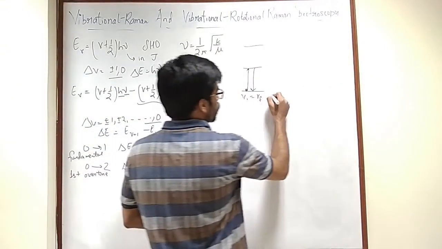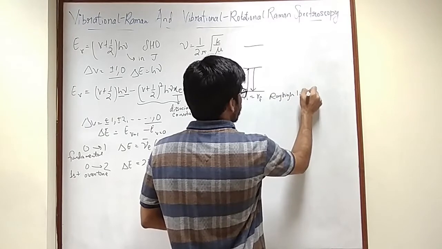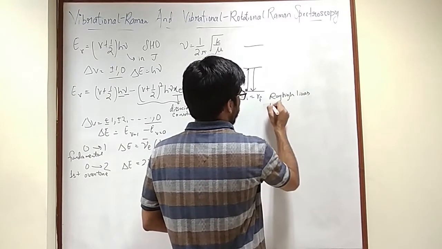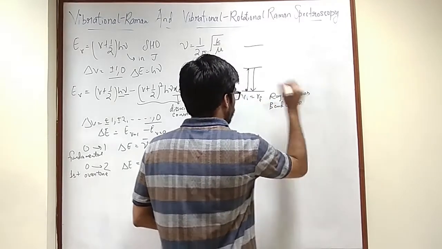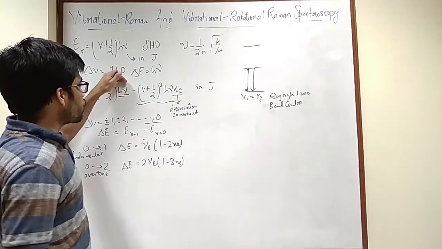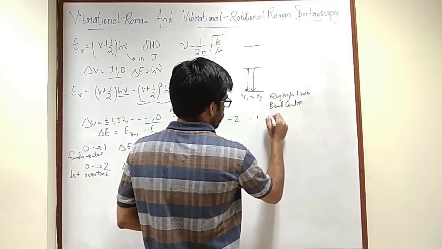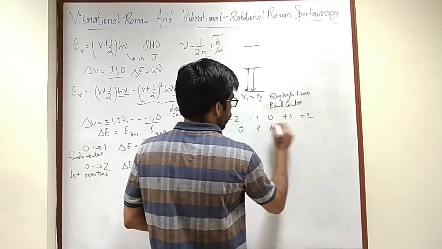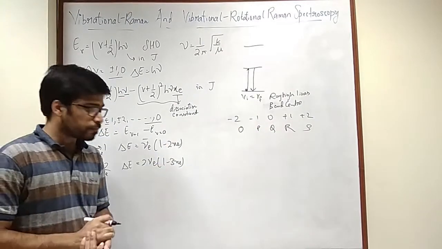So delta V equals 0 gives you the Rayleigh line, or let's say the band center. Delta V equals minus 2, minus 1, 0, plus 1, plus 2. This is your O, P, Q, R, S. So you'll get R, S, and further things.